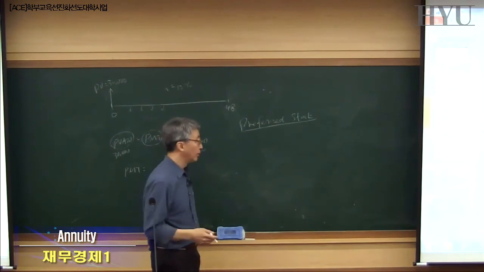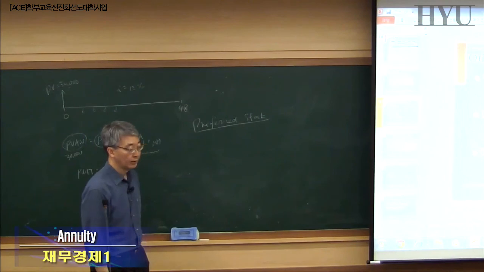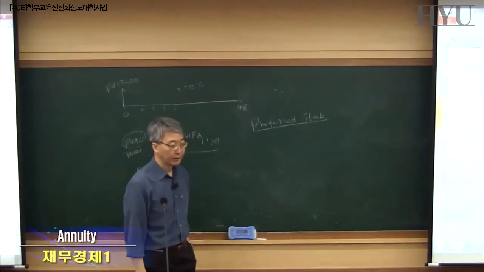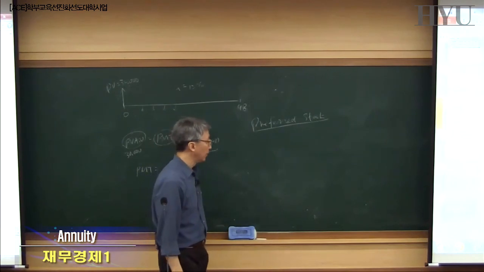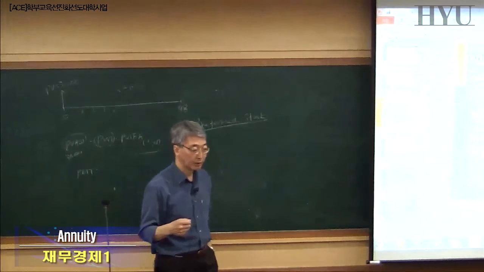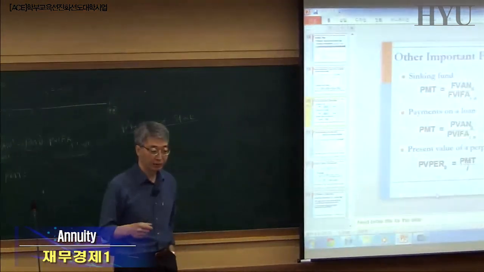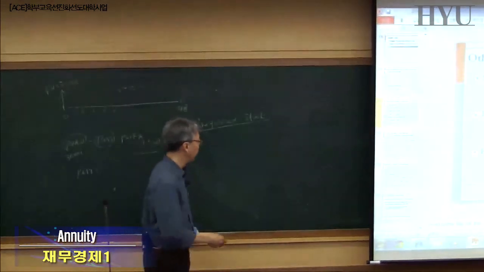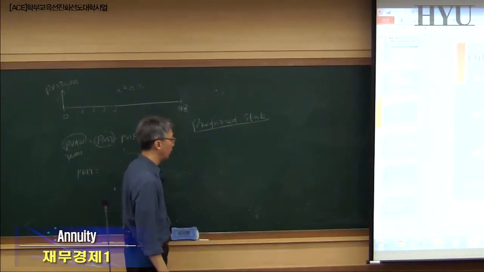But on preferred stock, companies are required to pay a dividend every period. So it's just like a bond. When you borrow money through a bond, the company must make an interest payment every period, usually every 6 months. But in preferred stock, there's a dividend payment every period.